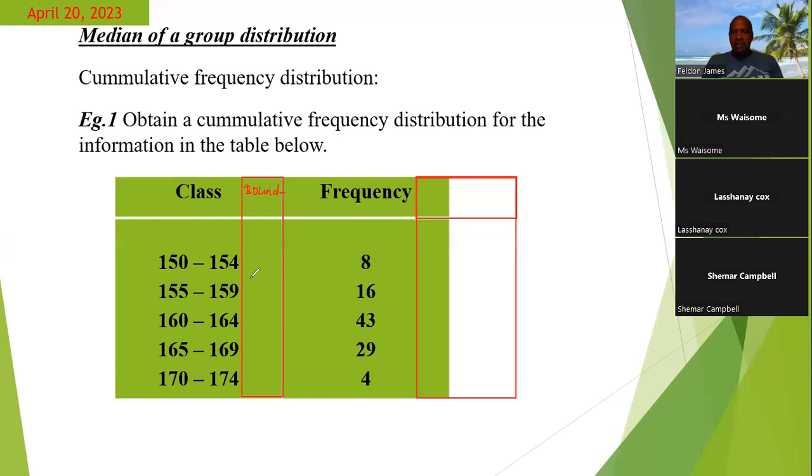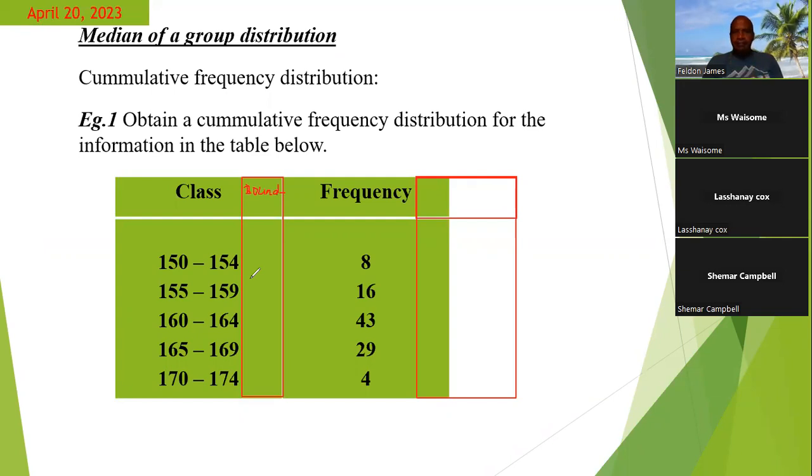Miss Cox, you were saying something? Sir, I think the shortcut was to times it by the lower, and then, for example, 154 and 155, so I would work out that and continue like 159 and 160 and 164 and 165.